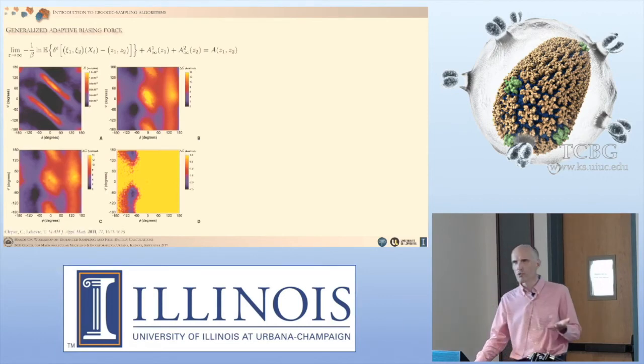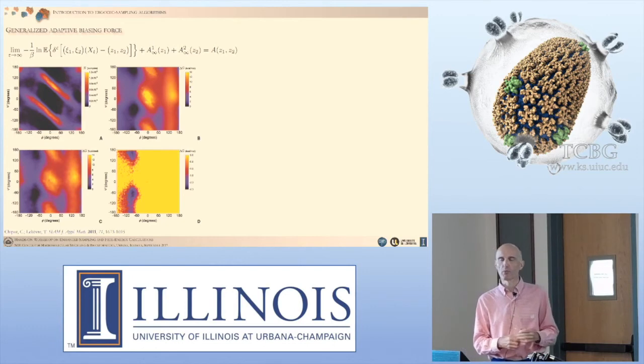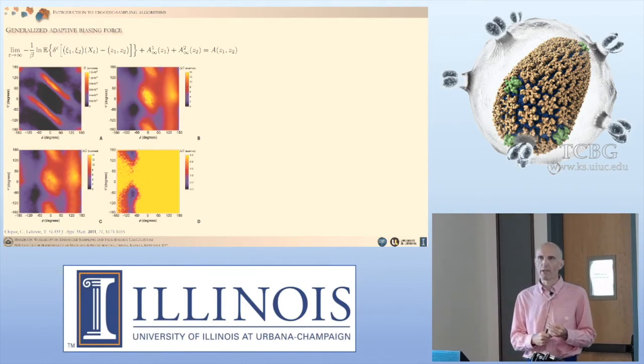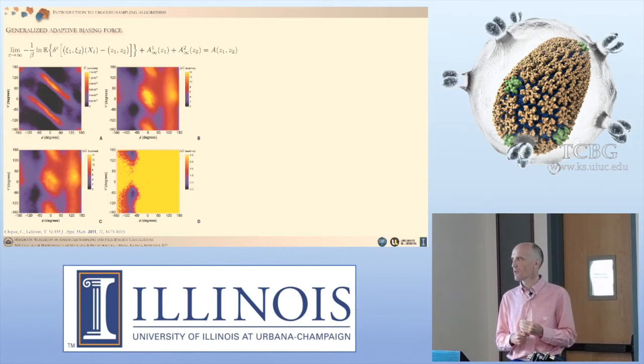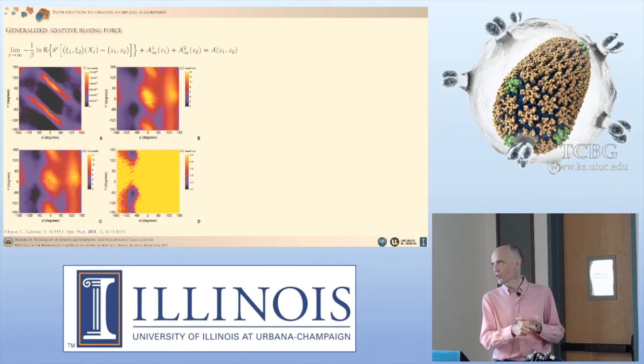One important sampling approach that we introduced a few years ago with Tony Leliévre is generalized adaptive biasing force, which is a kind of cheap multidimensional energy calculation. Instead of doing an n-dimensional energy calculation, we're doing n times a 1-dimensional energy calculation, and from that we're getting the marginals.